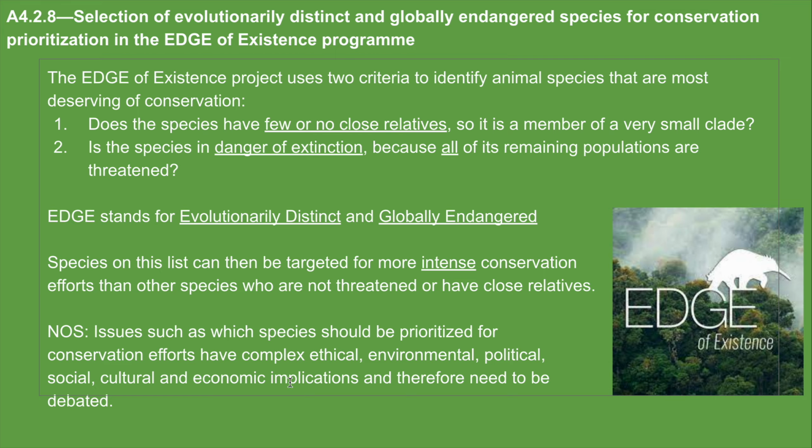Because even if a species may not be extremely evolutionarily distinct or globally endangered, it might be really important culturally to a particular group of people, and so therefore still worthy of our priority conservation efforts.